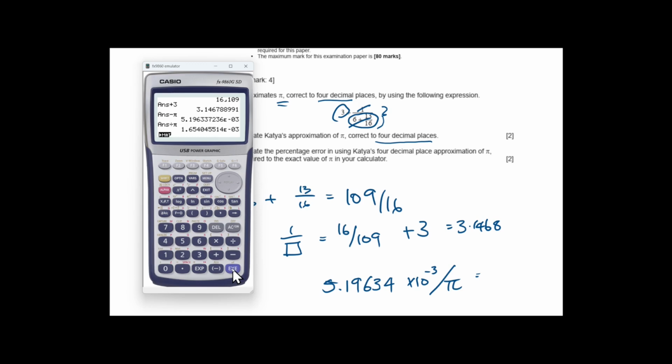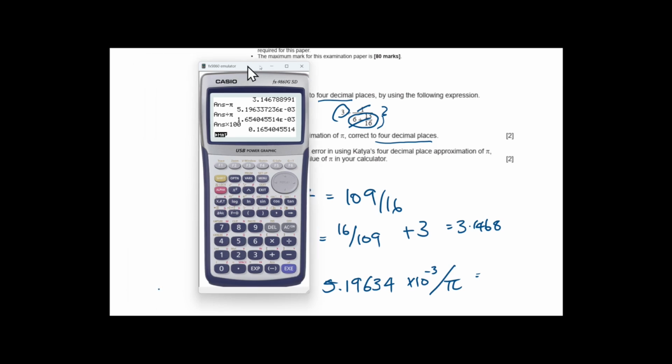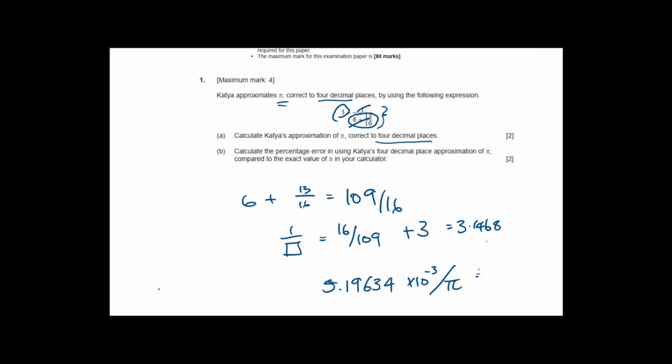So that's the absolute proportion of error, and then we want to turn that into a percentage. So it's going to be 0.1654%, which is really, really small. You have to put the percent in there.